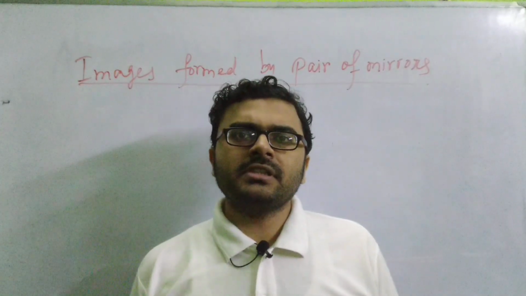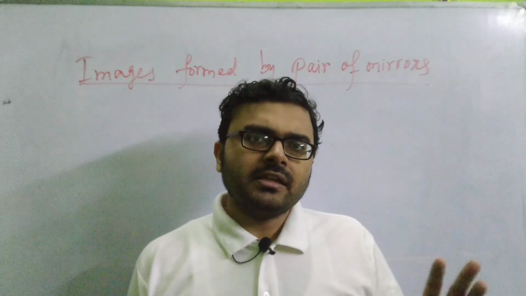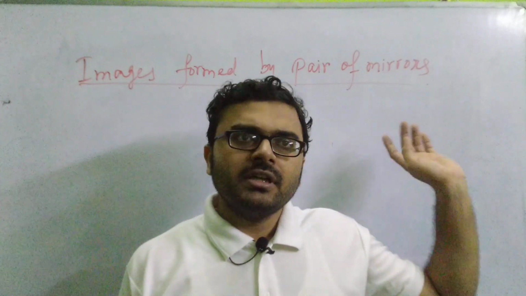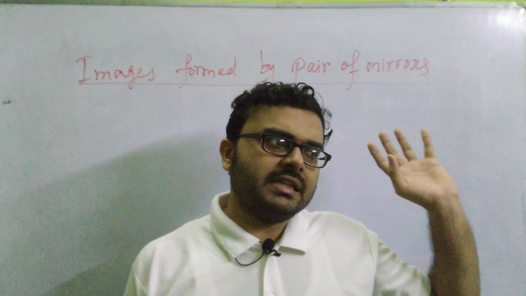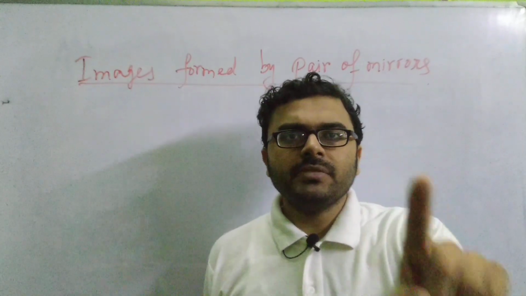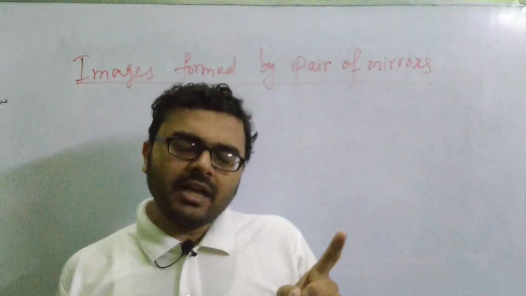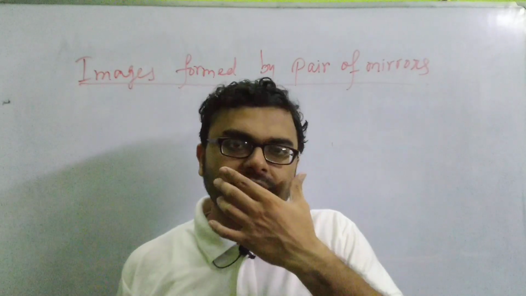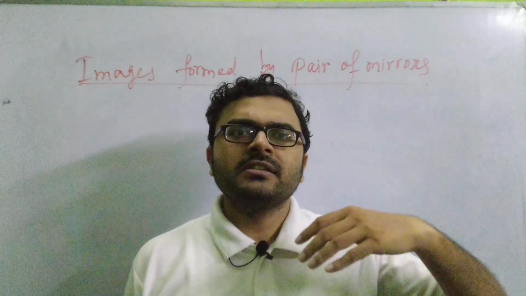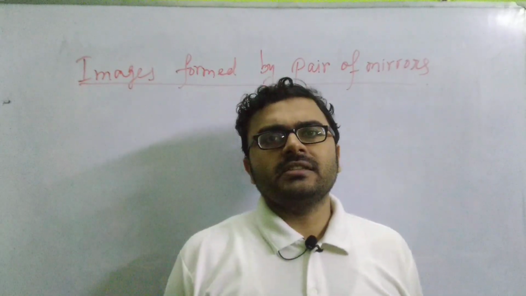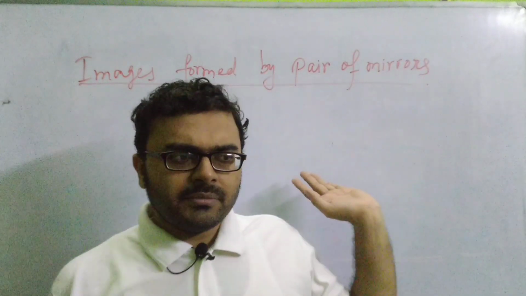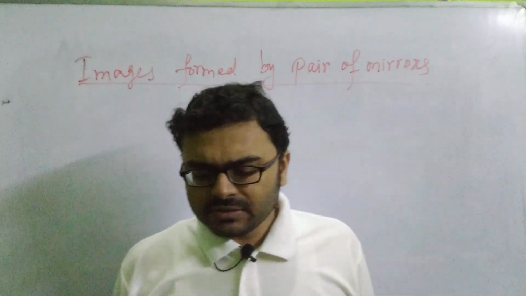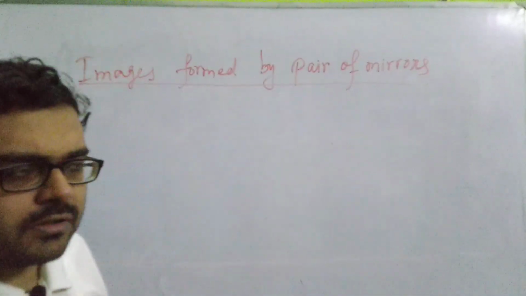The image of your back side is formed in the back mirror, and that image acts like an object for the mirror in front of you, and you are able to see the back side of your head in the front mirror by seeing the image from the mirror behind you. In this way you can easily see the back side of yourself.